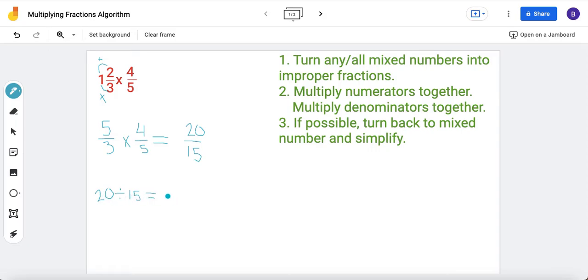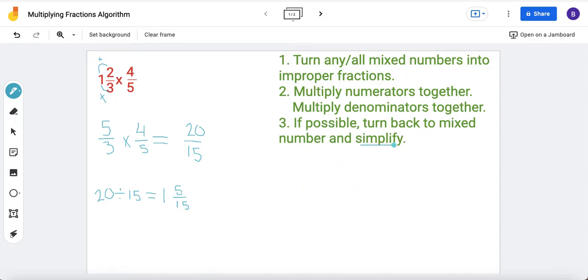Well, 15 goes into 20 one time, and that leaves me 5 left over because 15 is 5 away from 20. And again, my denominator from above just stays the same. So now I've turned it back into a mixed number.